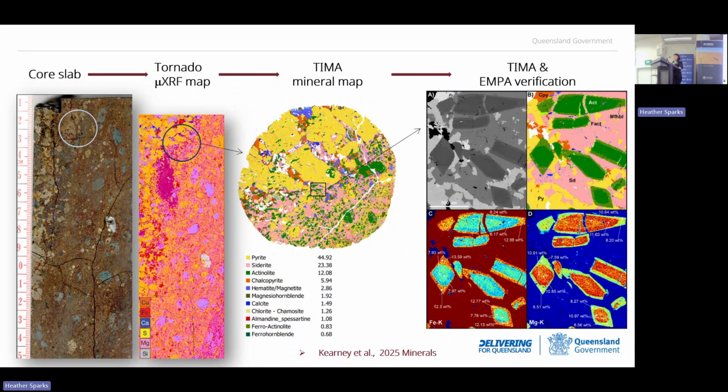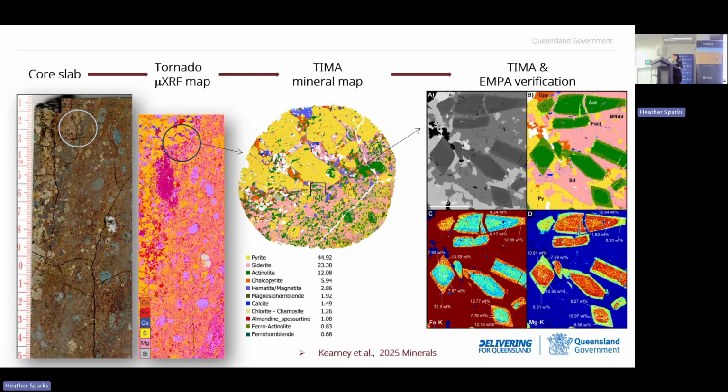We pick the area of interest. Remember this region in the sample where we have high cobalt content, but we can also look at more details of the mineralogy. Here we're using our automated mineralogy instrument, the TIMA, which we use at the QVT labs.